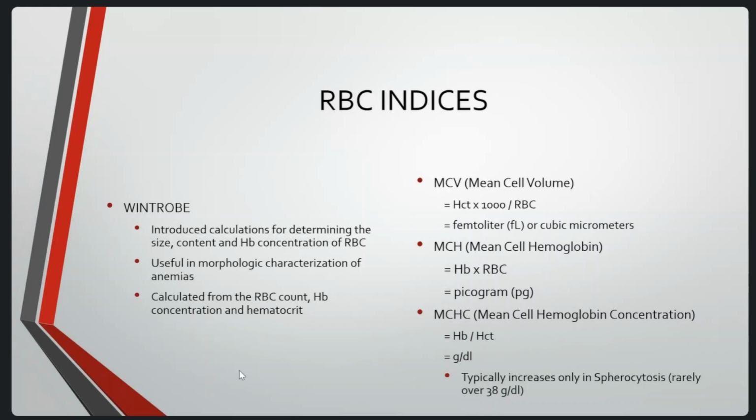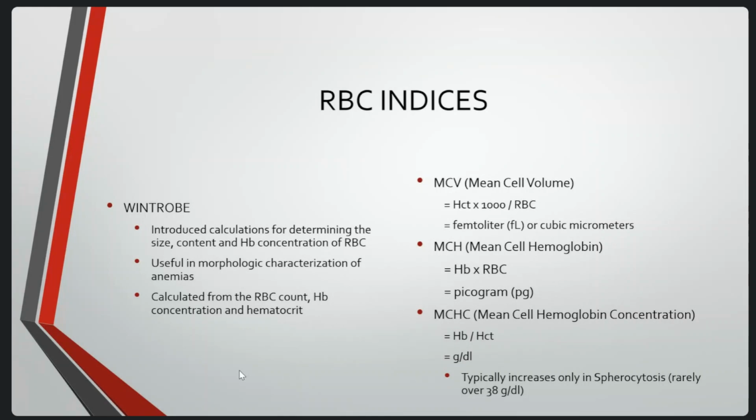We also have the mean cell hemoglobin, or the MCH, which is hemoglobin times 1,000 over red blood cells, expressed in picograms. The third one is your MCHC, or the mean cell hemoglobin concentration, and this formula is hemoglobin over hematocrit, expressed in grams per deciliter.